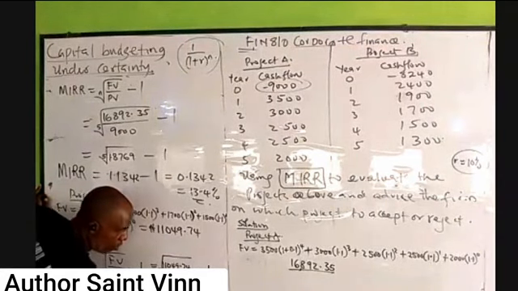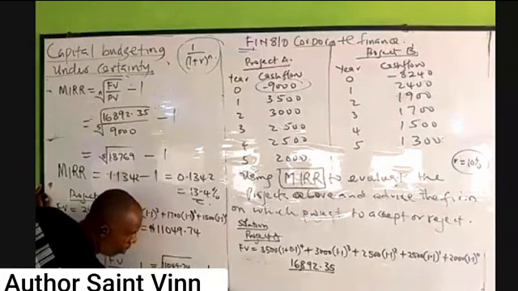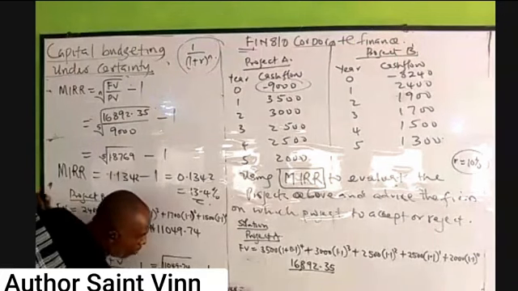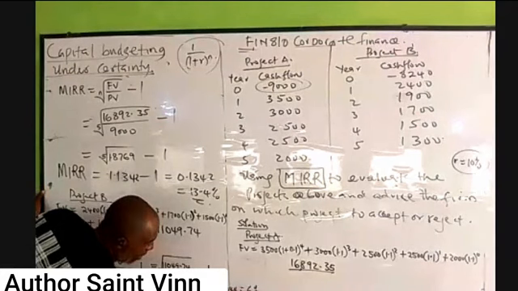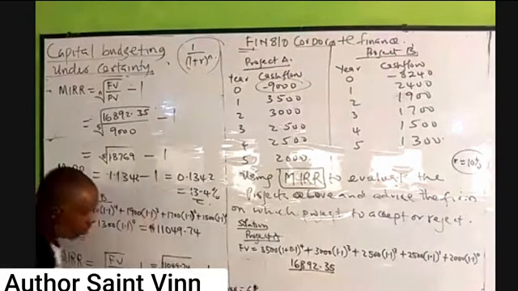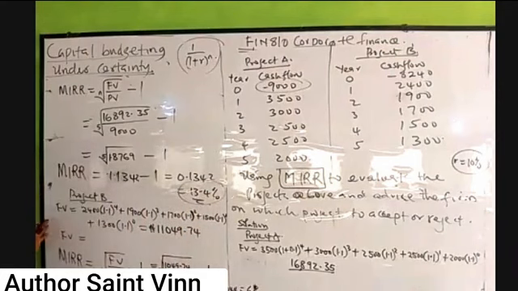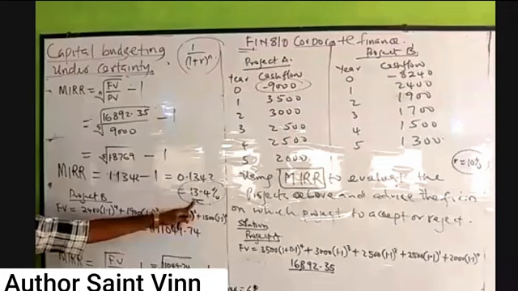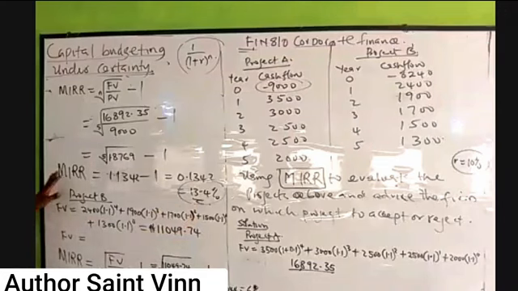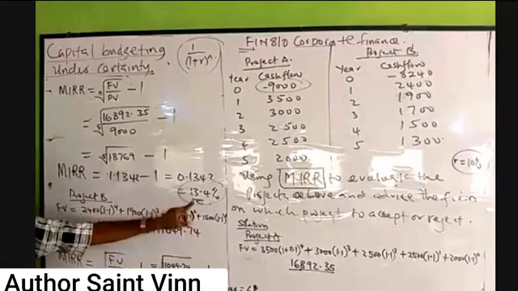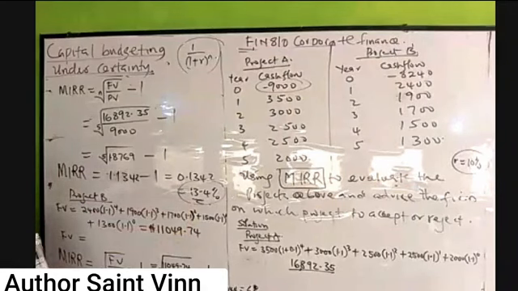That gives 0.0644, so we're having 6%. It's not 60. This one still wins. This one has the highest rate of return. So with MIRR, we still recommend project A, because project A has the highest return when compared to project B.